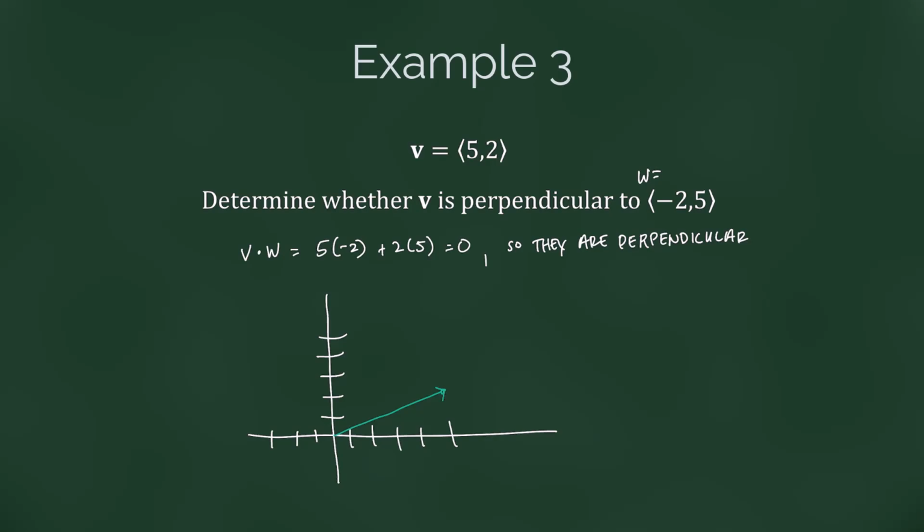That looks like this. Now, if I think of these two vectors in terms of lines, this line here has a slope. The slope is change in y over change in x. So it went up 2 and we went over 5. This one has a slope. Here we went up 5 and left 2, so -5/2.